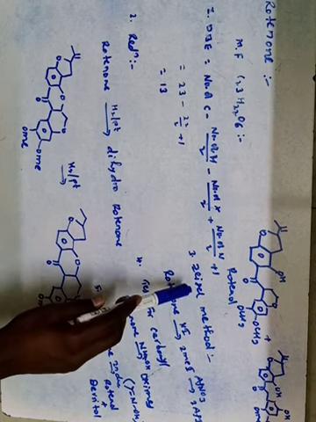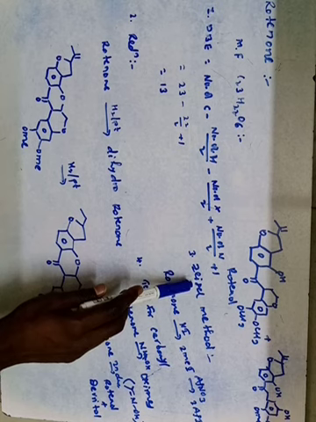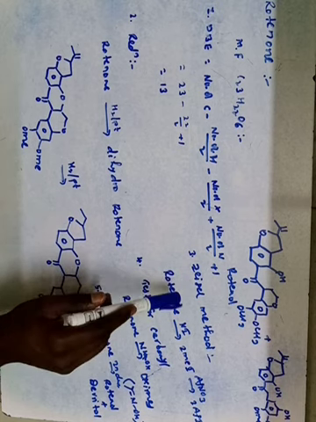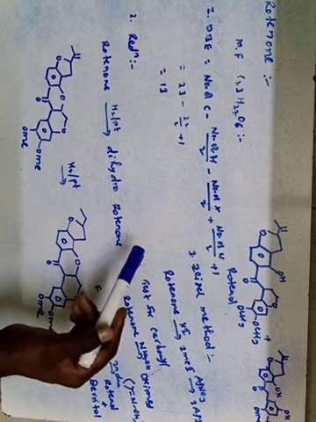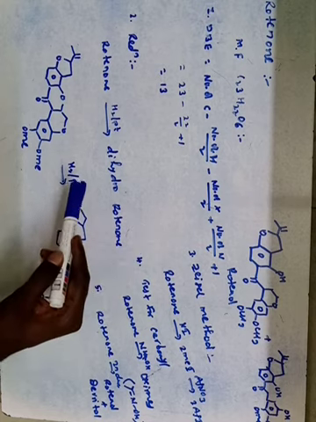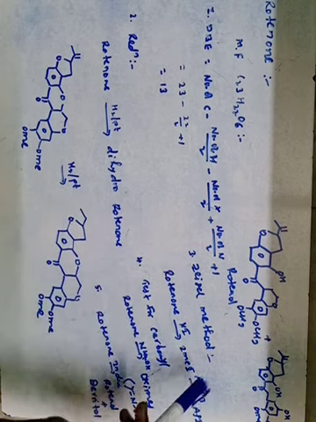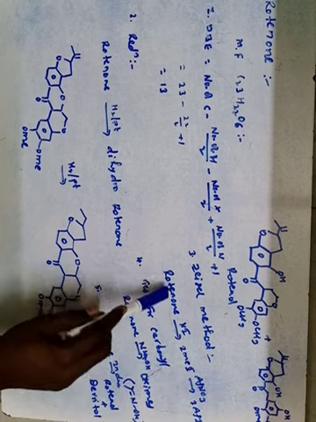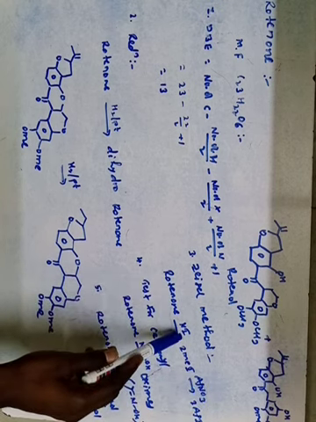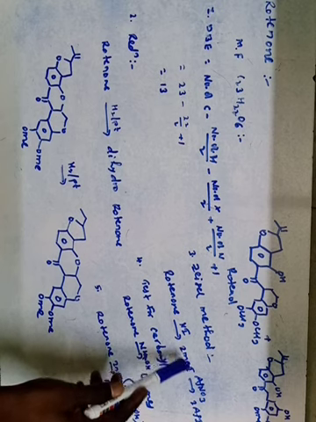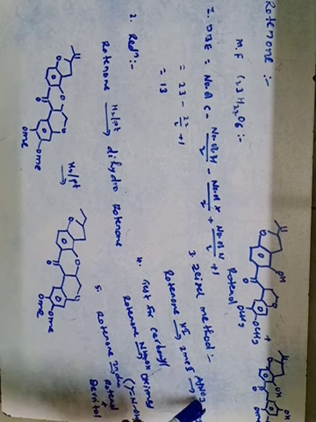Next one is the Zeisel method. We already discussed that the Zeisel method is used to identify the number of methoxy groups present in the molecule. Here the rotenone is treated with HI to form 2 moles of methyl iodide, which reacts with AgNO3 to form AgI precipitate.